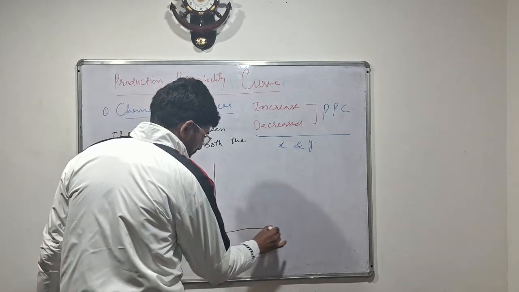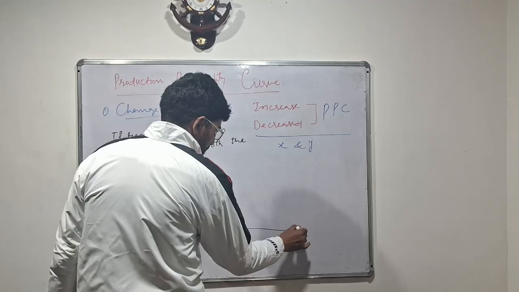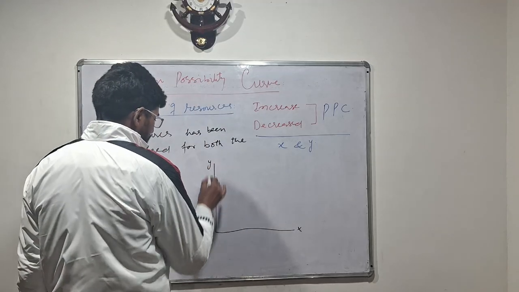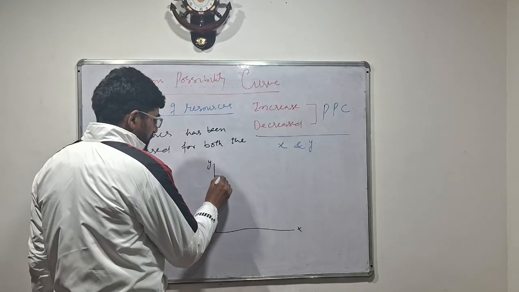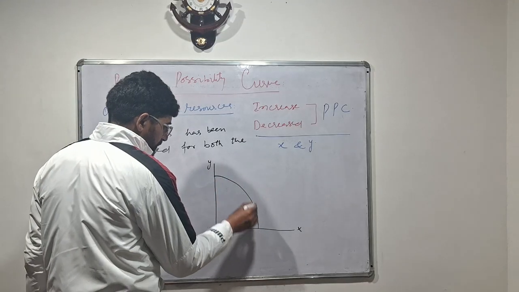As I already discussed, this is the x-axis, this is the y-axis, this is 0. This is a production possibility curve.